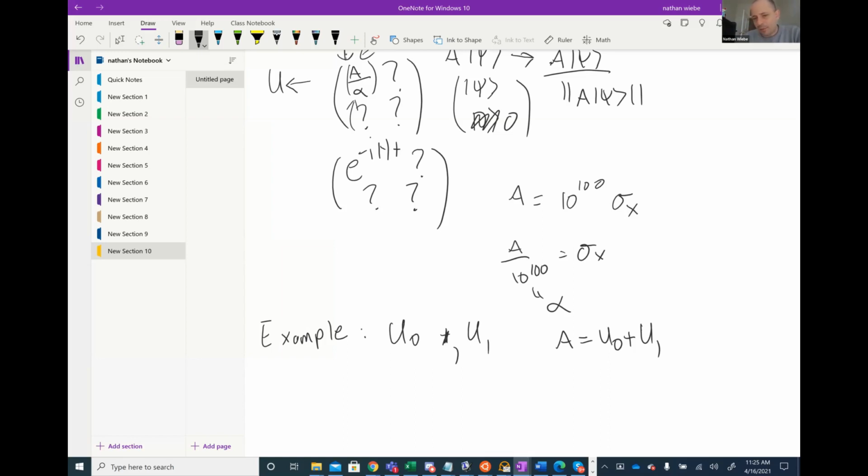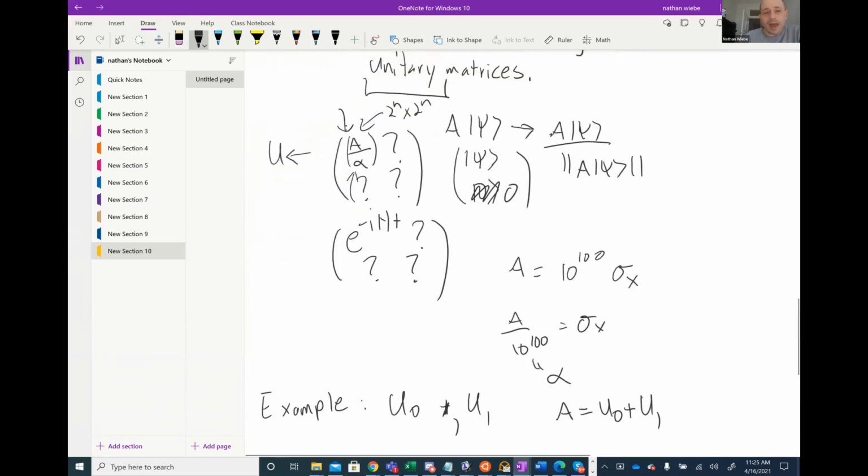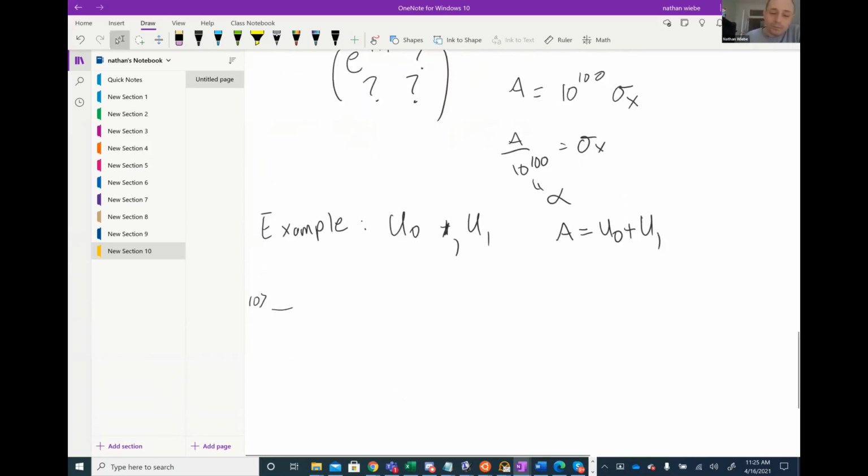So how am I going to do this? Well, here's the following circuit for doing it. I'm going to enlarge my Hilbert space by adding only 1 extra qubit in this case. And I'm going to apply a Hadamard down here and do the following sequence of controlled unitary operations.